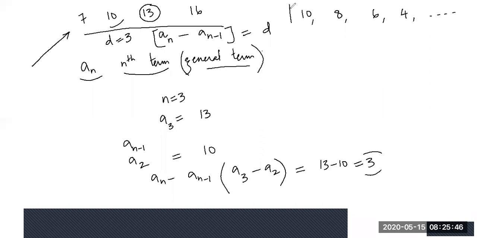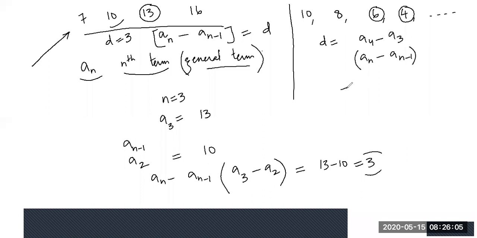But see the case of this one. Again, in this case, my common difference D is any term minus the preceding term. Let's say we take the fourth term, A4, minus the preceding term, A3. That's the same as an minus an minus 1. So in this case, it is 4 minus 6. I told you once again that you should always subtract this number from the next number.